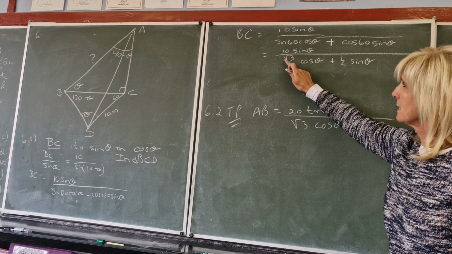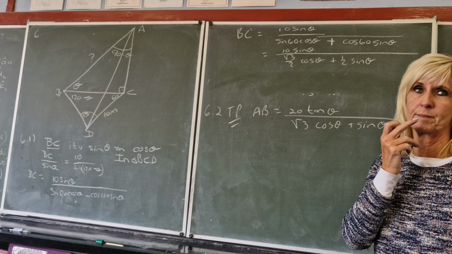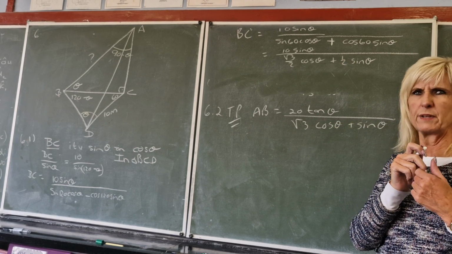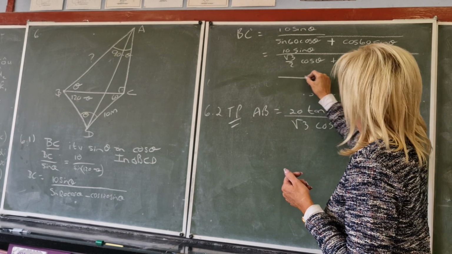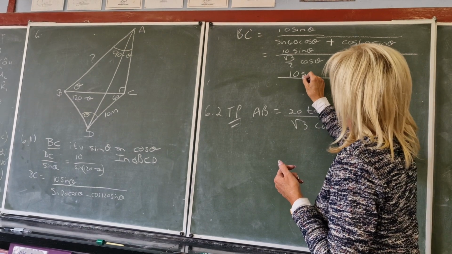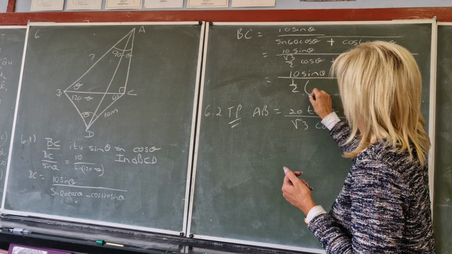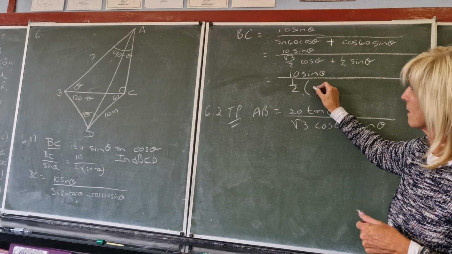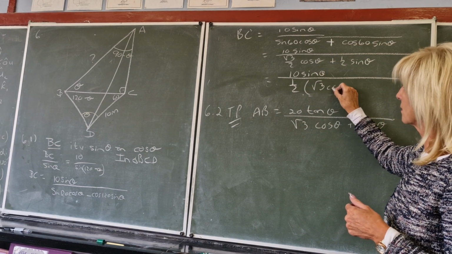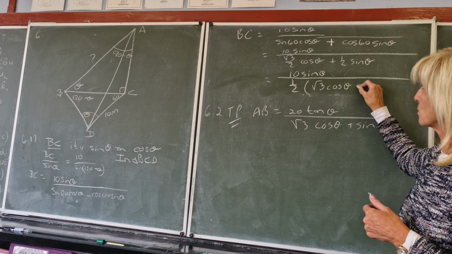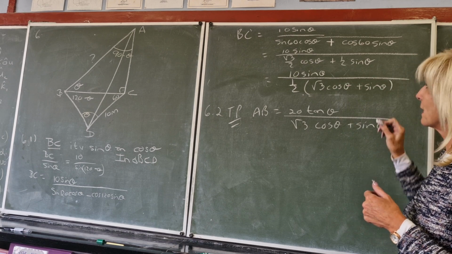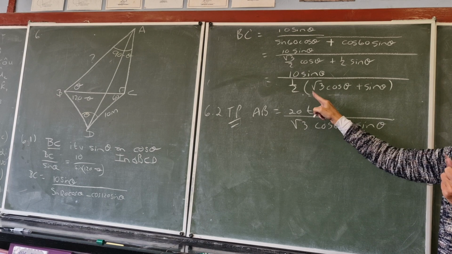But can I not again take out a common half there? Common half. Is it a half? So that what's left is 10 sin theta. Taking out a common half, what's left? Root 3 cos plus 1 sin, which is making me a little bit excited.